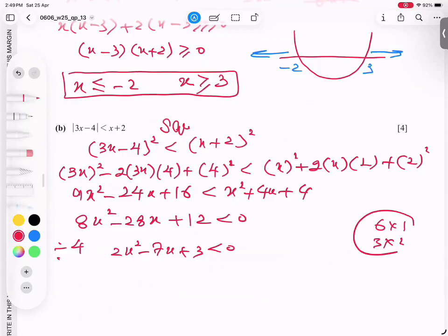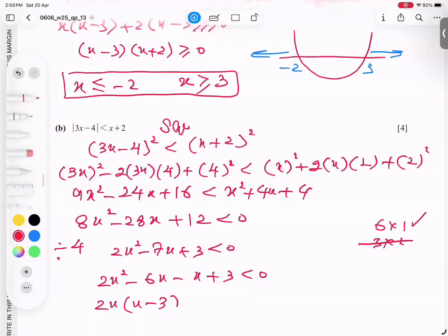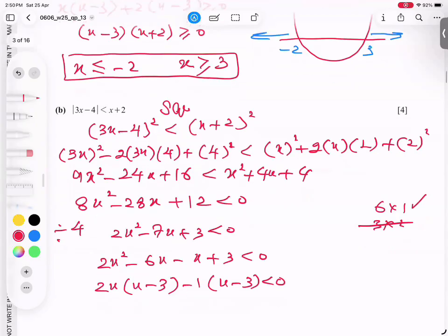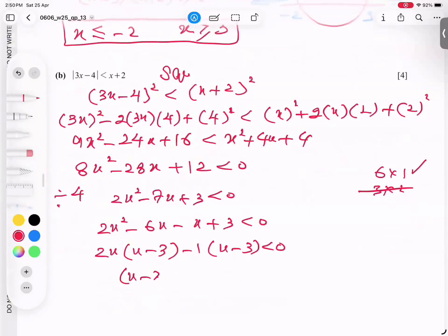Which way gives 7? Naturally, the upper one. So negative 6x, negative 1x. So I get here 2x common, x minus 3, and minus 1 common, x minus 3. So I will get x minus 3 and 2x minus 1.